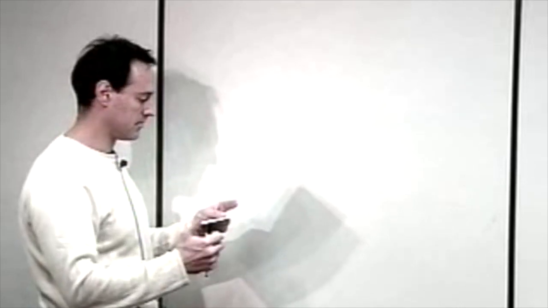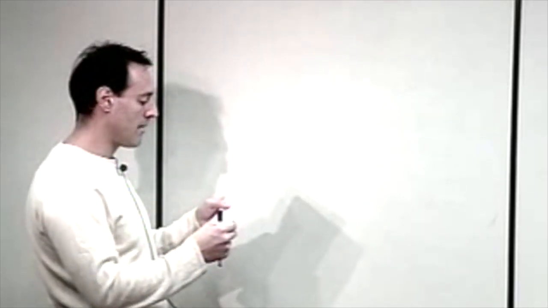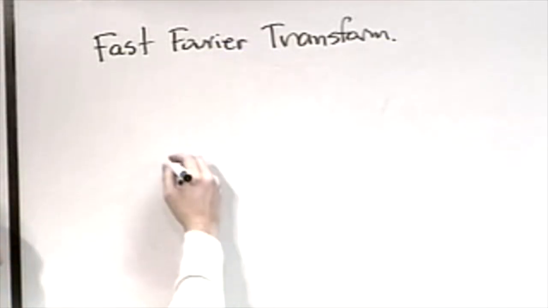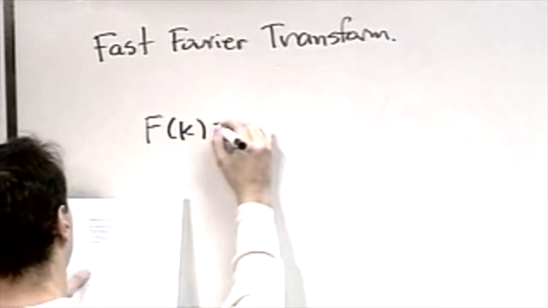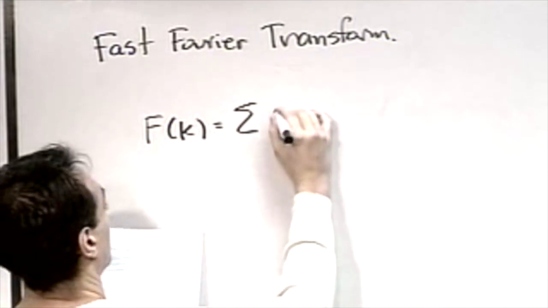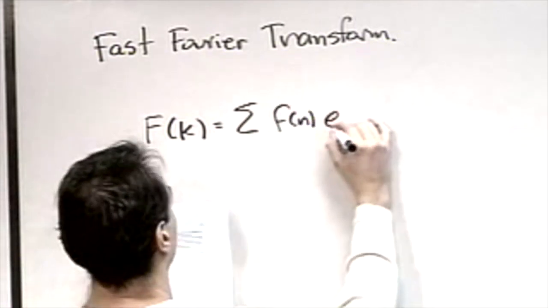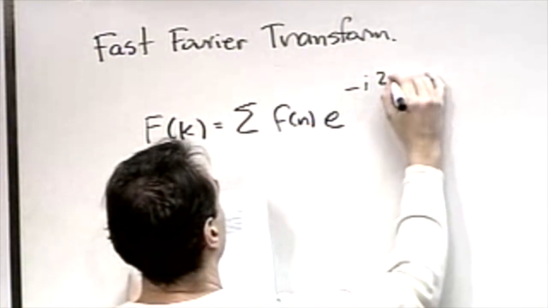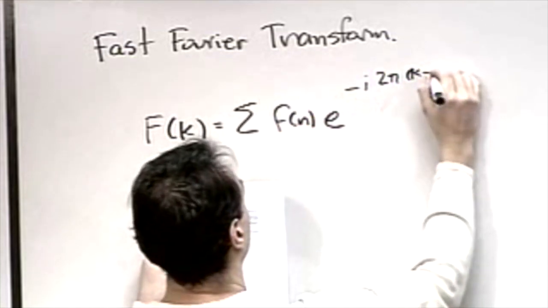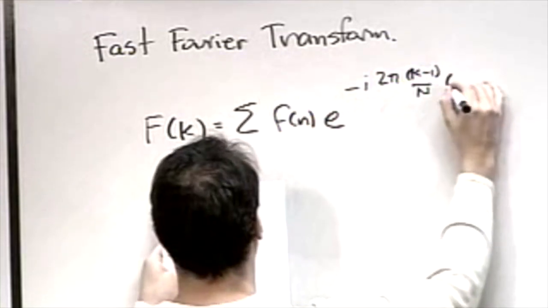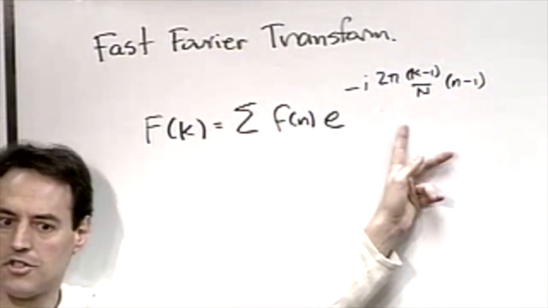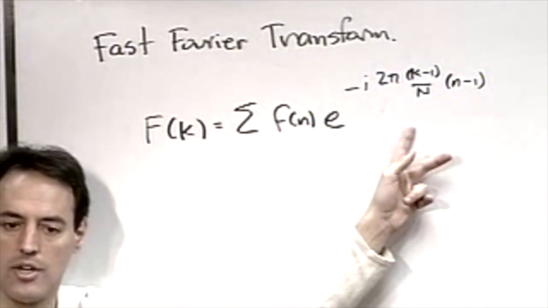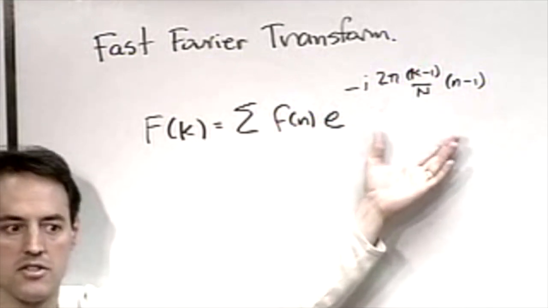Here's the observation. If you remember my definition of the fast Fourier transform, for instance from MATLAB, you get something like this. So this piece here is the key. It's the oscillatory expansion part, the cosines and sines.